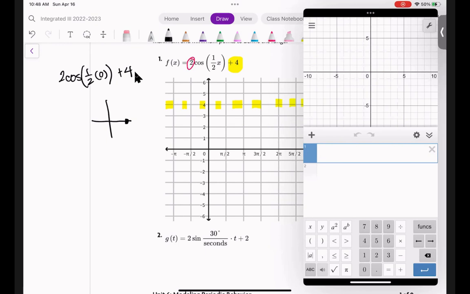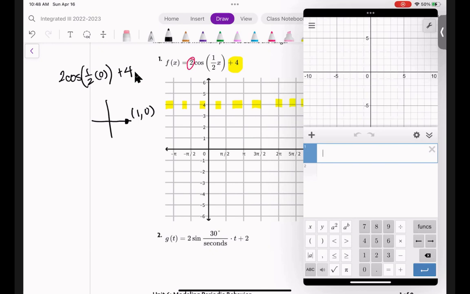From the last lesson, we learned that when we're in the unit circle, cosine is just the x value of that point. So this point is (1, 0). So I'm just going to look at this one.